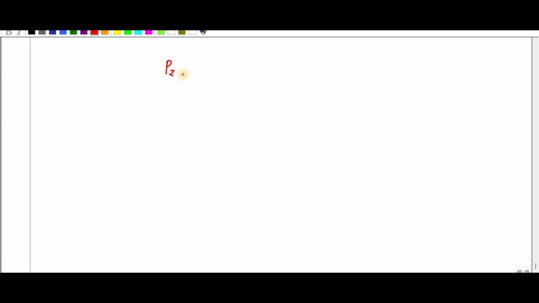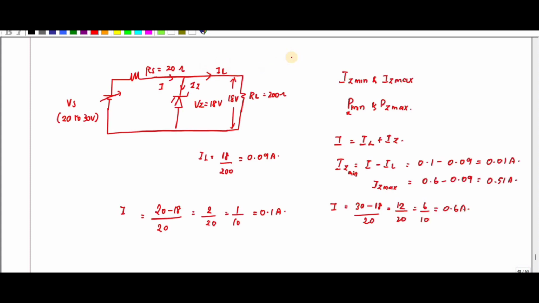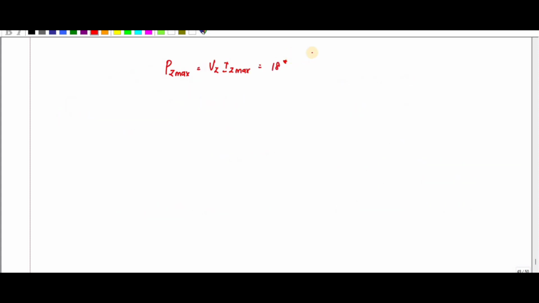Now we need to find the value of PZ maximum. PZ maximum is VZ into IZ maximum. That is nothing but 18 into 0.51, which is 9.18 watts.